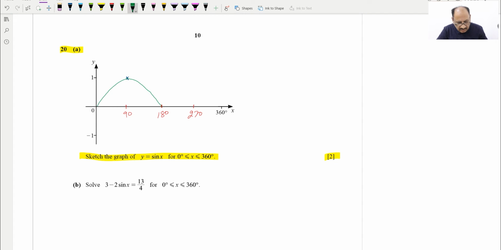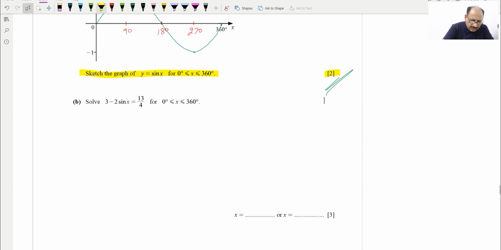Next, from the minus side also we need to check, and the minus side will be up to 270, so we need to sketch the minus side. This will be the negative side, and from 360 to 270 will be this one. So this is the sketch which we have drawn. Hopefully you understood this. This was a 2-mark question.